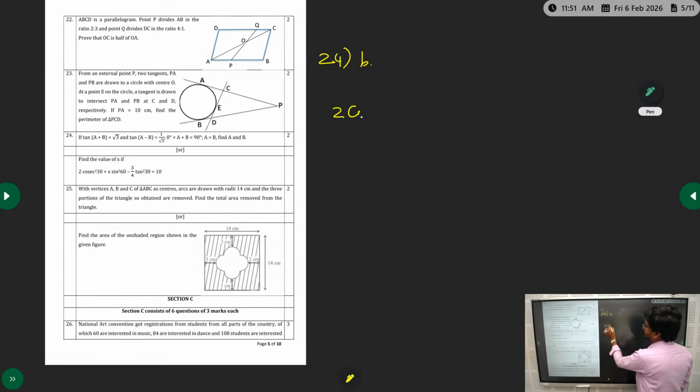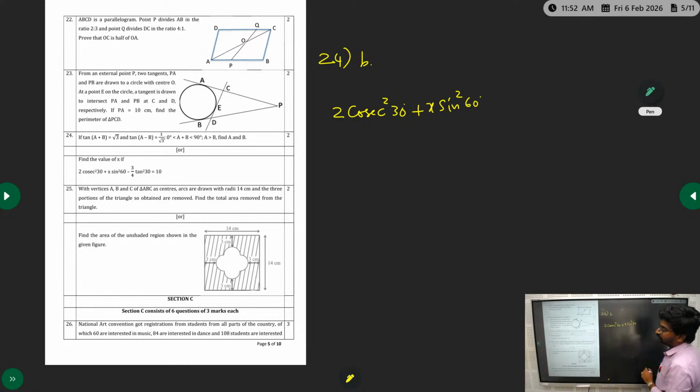2 cosecant square 30 degrees plus x sine square 60 degrees minus 3 by 4 tan square 30 degrees is equal to 10 is the question. What should I find? The x value. Cosecant 30, you should not remember cosecant only.